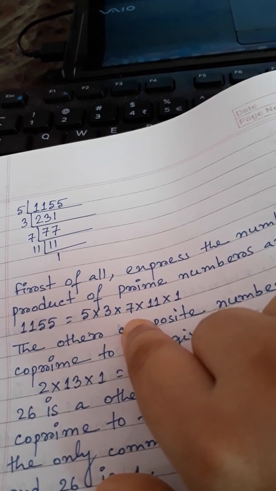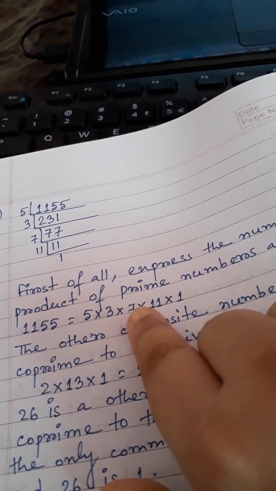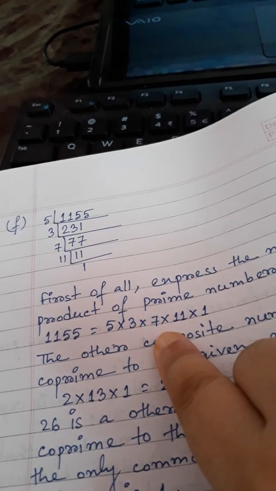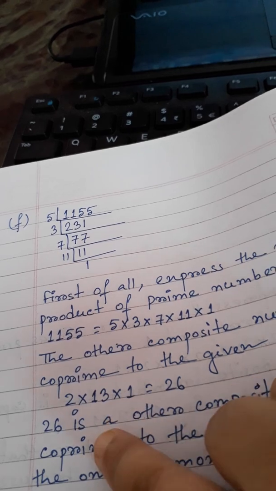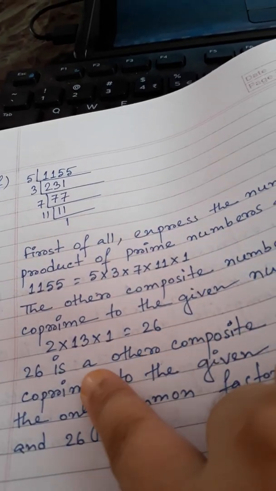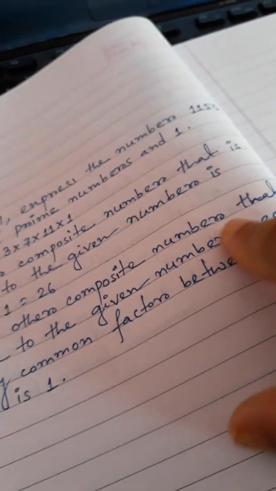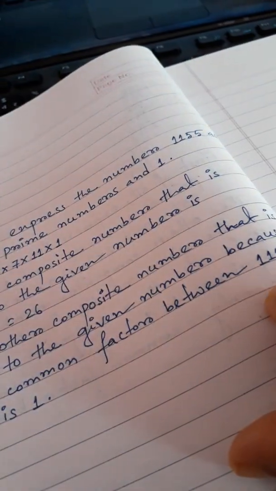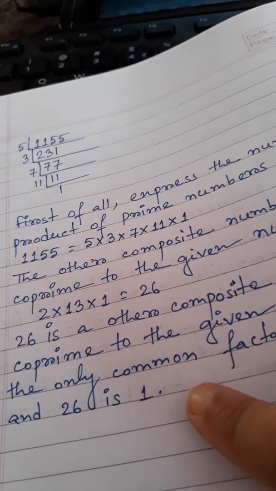We can't take 9, 8, 9, 10. And 11 also is here. So the next prime number is 13. So 2 into 13 into 1, so that means 26. So 26 is another composite number that is coprime to the given number, because the only common factor between 1155 and 26 is 1.